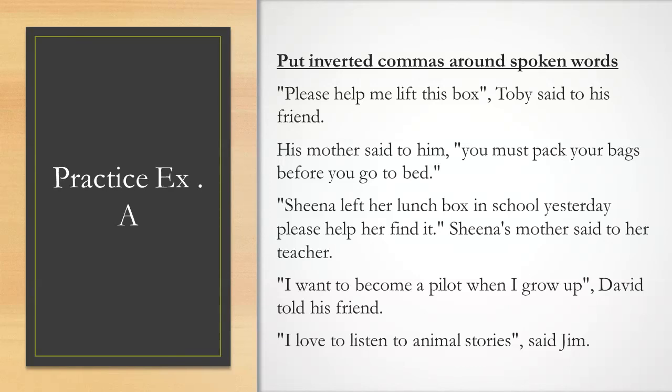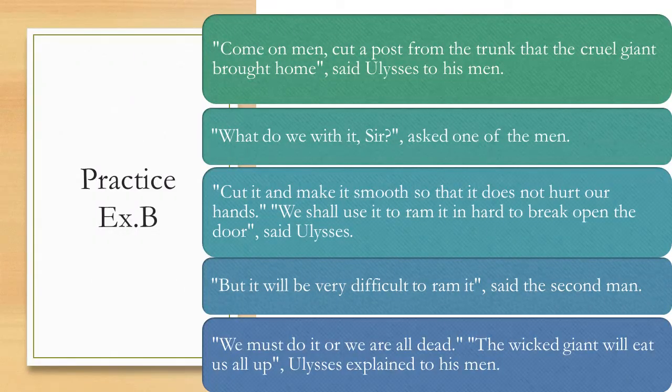Okay. So you are given a dialogue between Ulysses and his men. So what you are going to do, identify the spoken words, put inverted commas around them, and also start the paragraph from a new line when a new speaker starts speaking.